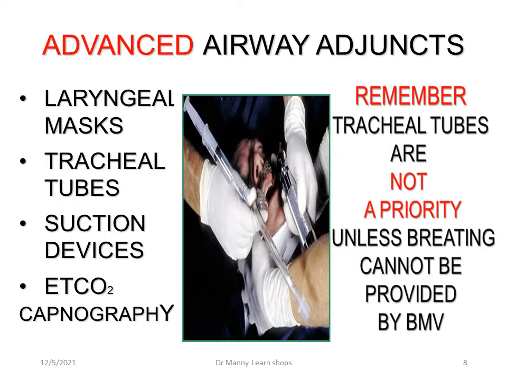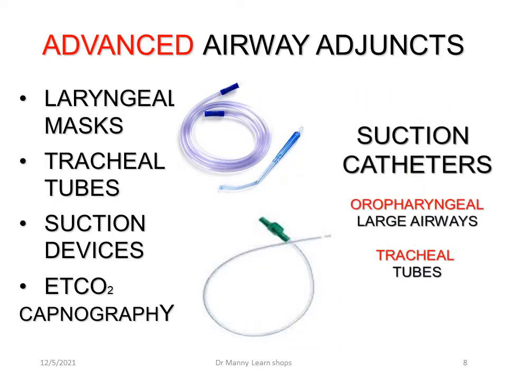Remember, tracheal tubes are not a priority. They only become a priority if breathing cannot be provided effectively with bag mask ventilation, if you're having difficulty. Suction catheters are important as well.